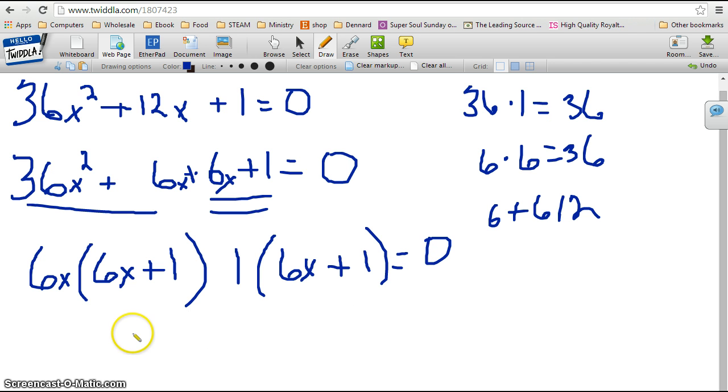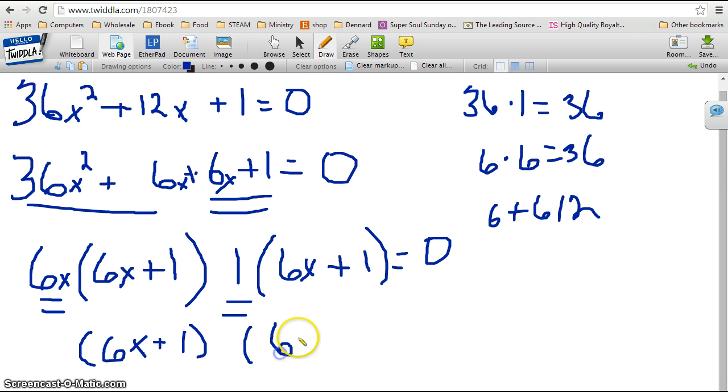Okay. So now what I want to do is take everything that's outside of the parentheses and put it in the first set of parentheses, 6x plus 1. And if you notice, inside of the parentheses, you have the same information.